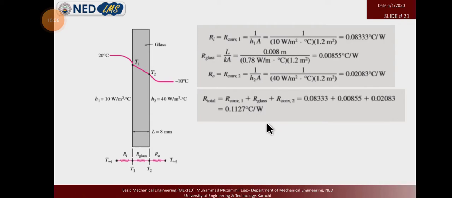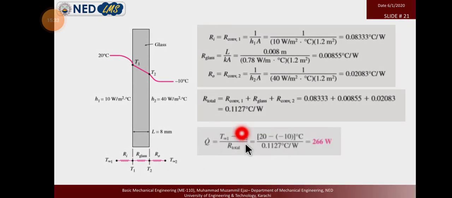Now applying the same formula, Q is equal to the temperature difference divided by the overall resistance. Q is equal to T inside surrounding temperature minus T outdoor surrounding temperature, divided by the overall resistance.